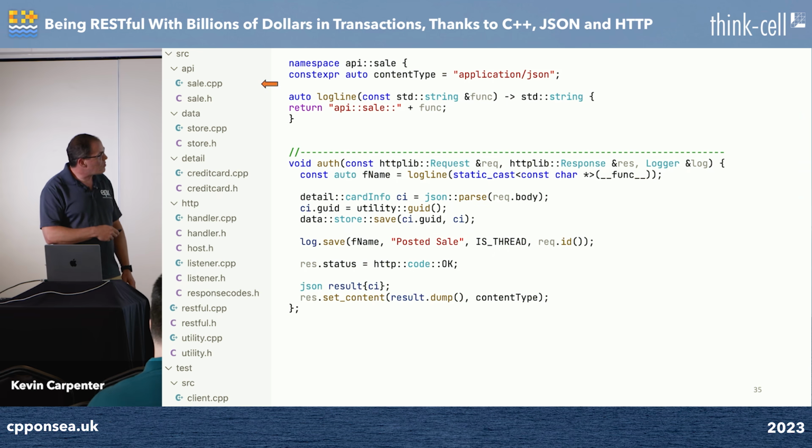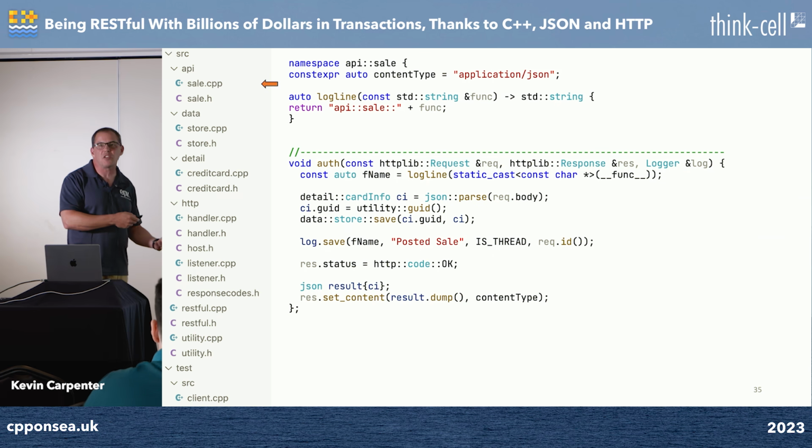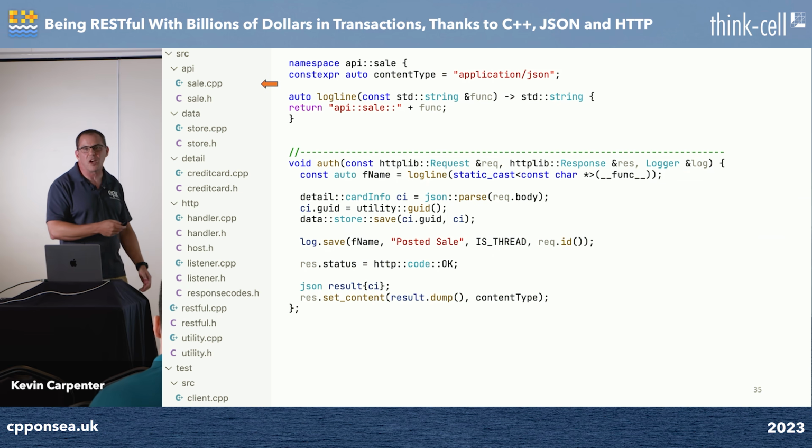With that card info object, I have a little utility that's meant to represent generating a GUID, so it will hold the GUID, and then we will store that into a data store. That data store is just a simple map with a mutex, so it can work multi-threaded. It's meant to be an example of, if you were passing down a chain and storing a transaction. So it's meant for demo, but obviously you would do a lot more with your data when you're building your own RESTful interface.